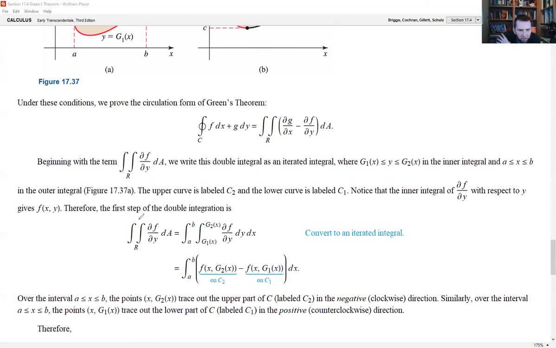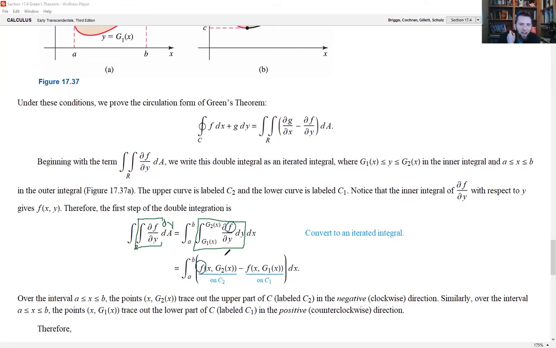So notice that if you focus in on just this part here, and assuming we were integrating dy, the antiderivative with respect to y of the partial of f with respect to y would be just f.